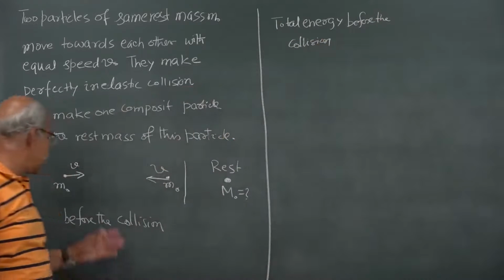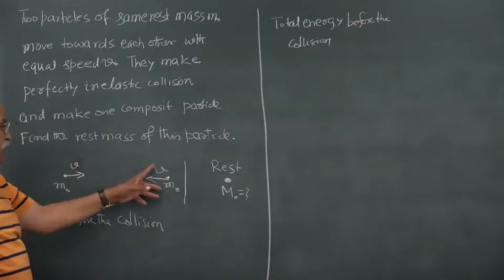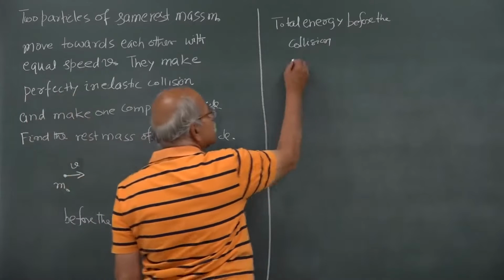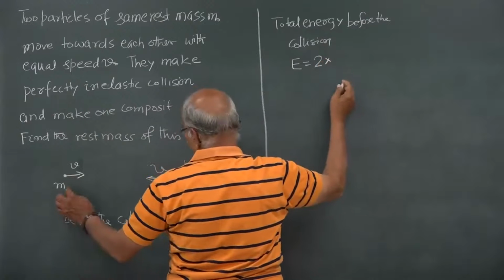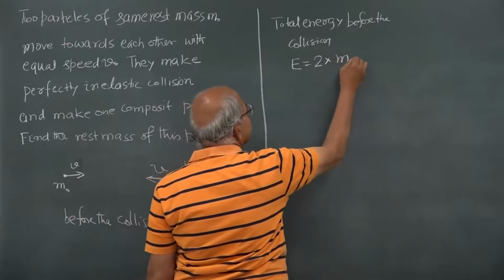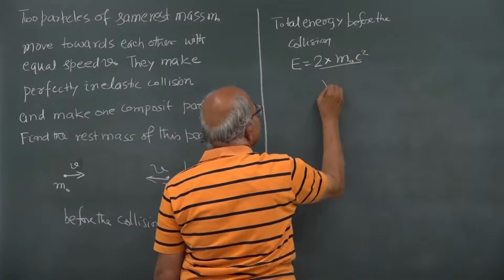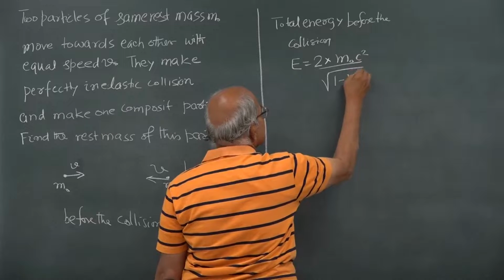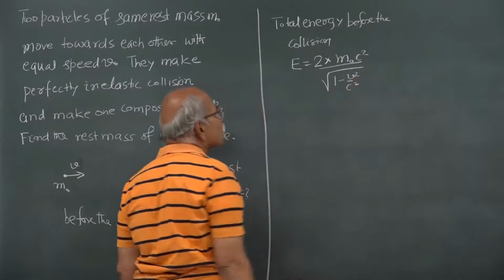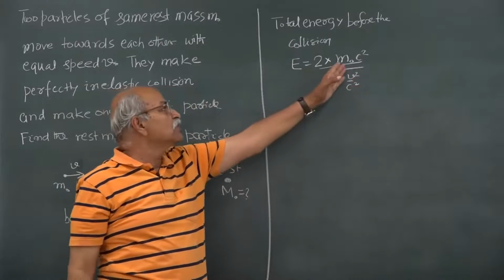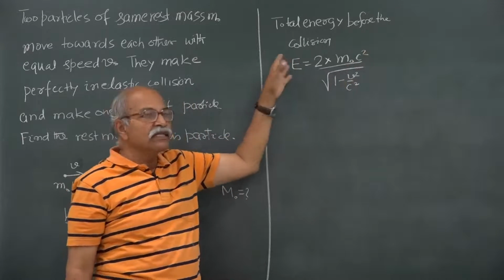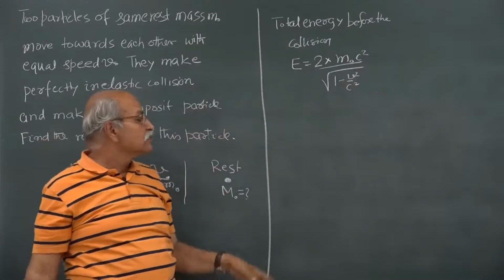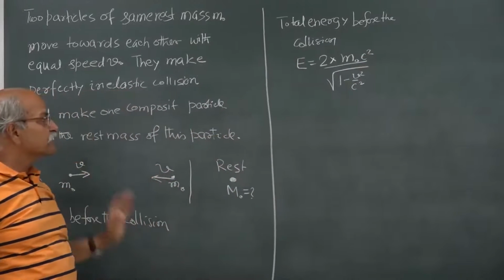E is 2 times m naught c square by square root of 1 minus v square by c square, that is gamma. So 2 times m naught c square into gamma is the total energy of the two particles before the collision.